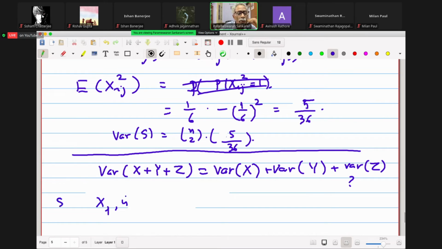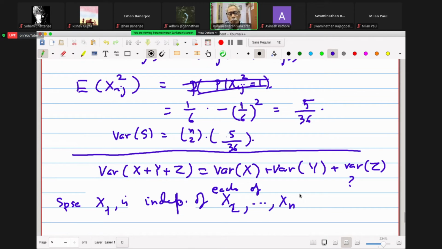Suppose x1 is independent of each one of x2, ..., xn.